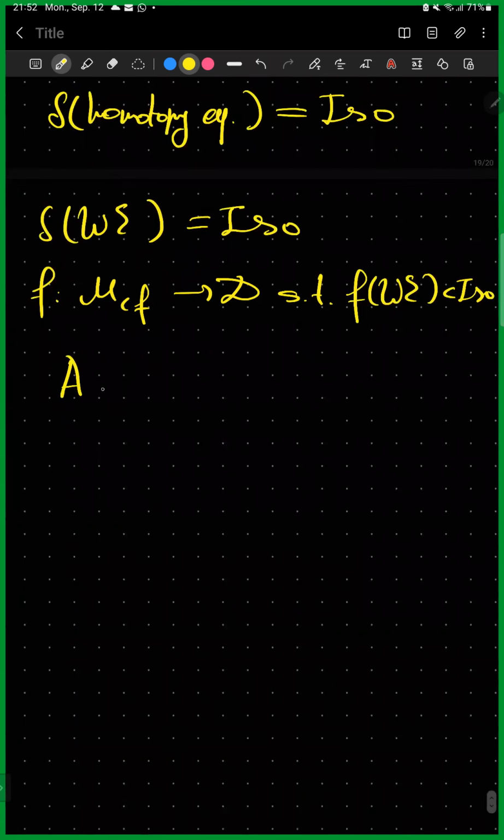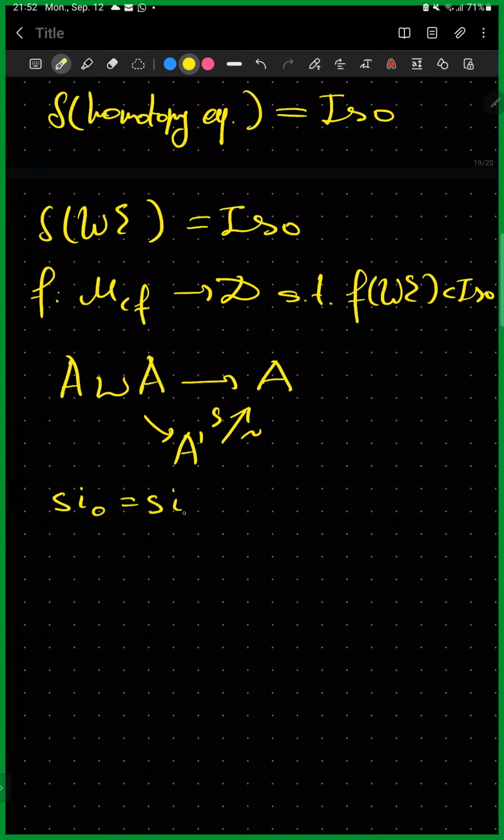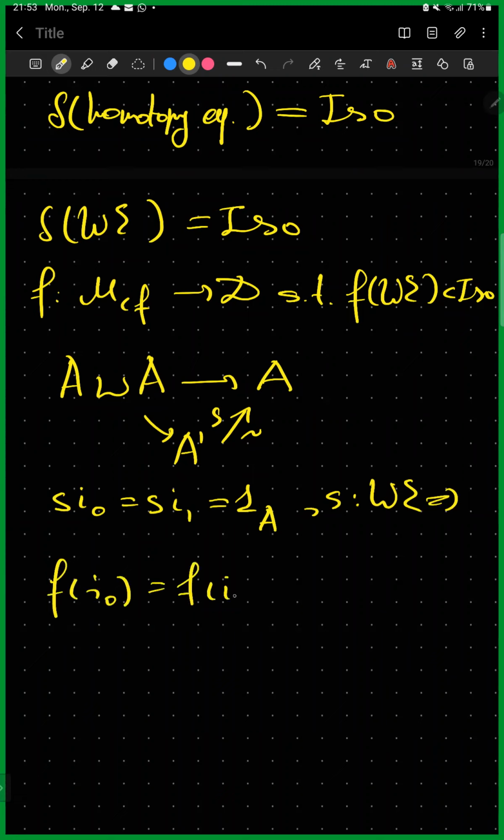Then consider a cylinder like this, denote this by S. We see that S A0 is equal to S A1 is equal to the identity on A. And since S is a weak equivalence, it follows that F of i0 is equal to F of i1, and it is an isomorphism.